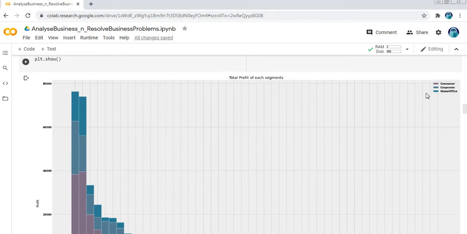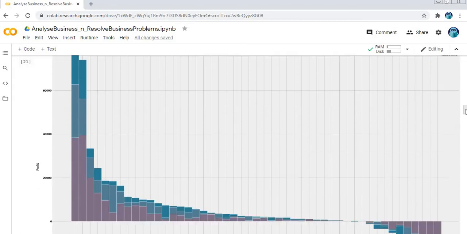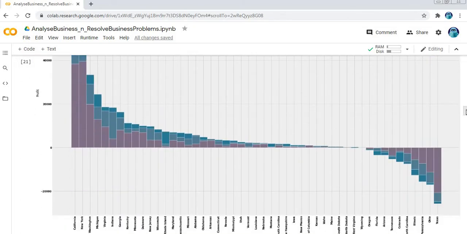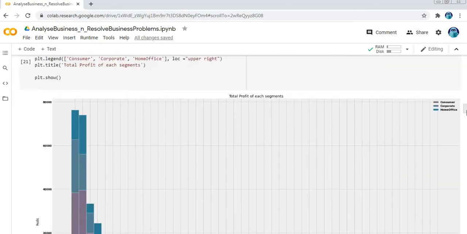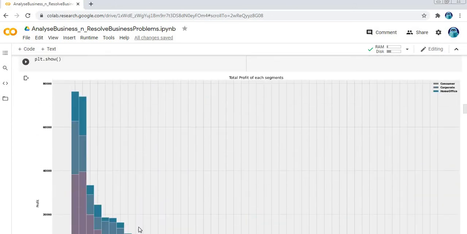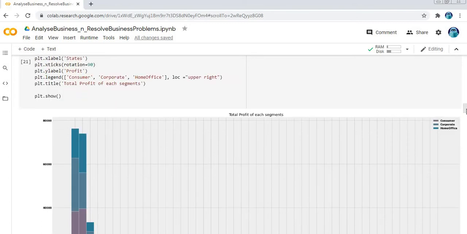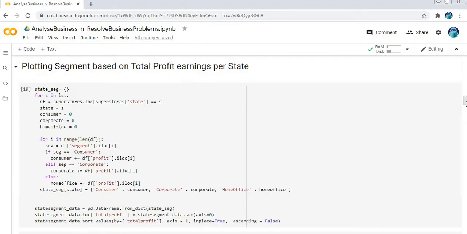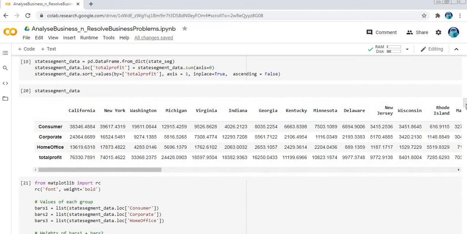As we can see, we have three segments: consumer, corporate and home office. California and New York are making a good profit in each of the segments. This is a profit-based earning.